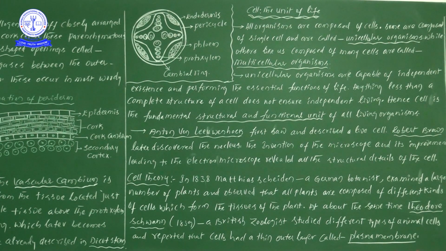But here one more point: actually, since Schwann is a zoologist, he has the right to give information related to animal cells, isn't it? But what is the information they have given here?